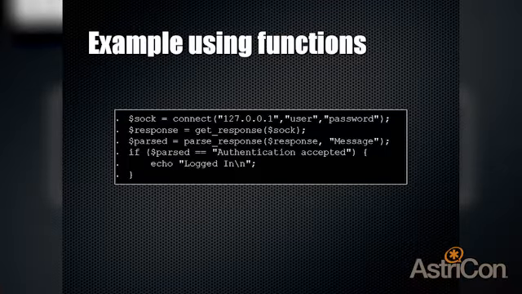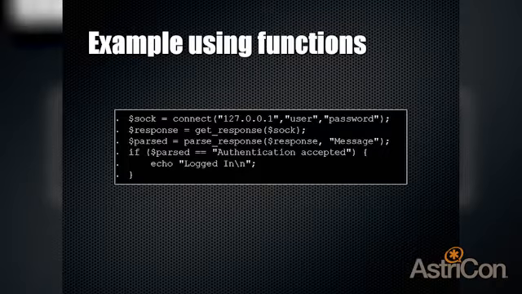So let's jump back into that and go to the next one. Using these functions, if we've got them defined further up in our file, then connecting to the manager becomes even easier.